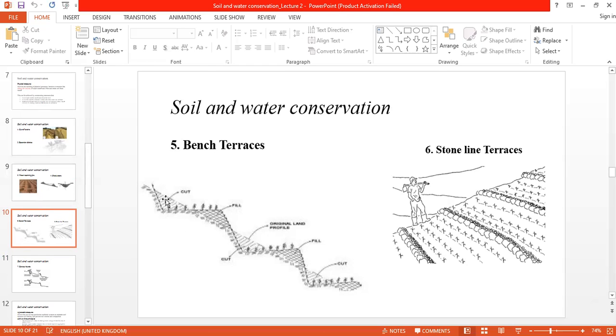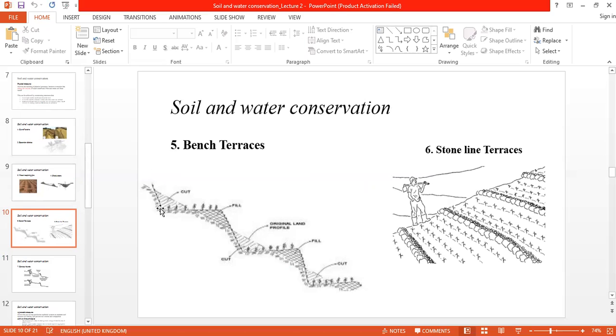So what you do is you cut the soil here and you place it here, so it will be like a bench here. Then again, you cut your soil here and you put it here, such that in the end you have a bench-like structure.